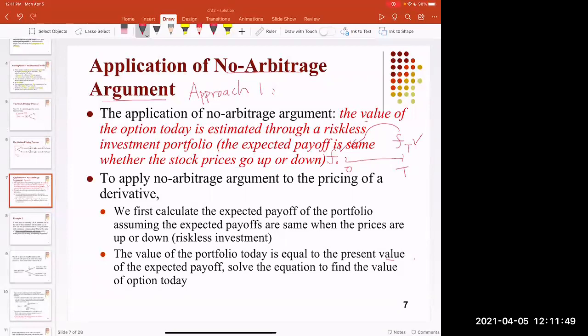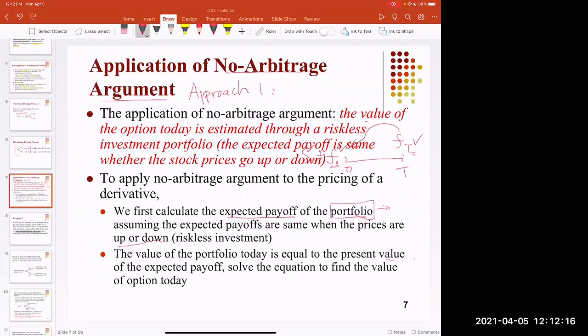To apply the no arbitrage argument to the pricing of a derivative, we first calculate the expected payoff of the portfolio, assuming the portfolio payoffs are the same when the price goes up or down. So rather than considering just the option, we consider both stock and option as a portfolio.